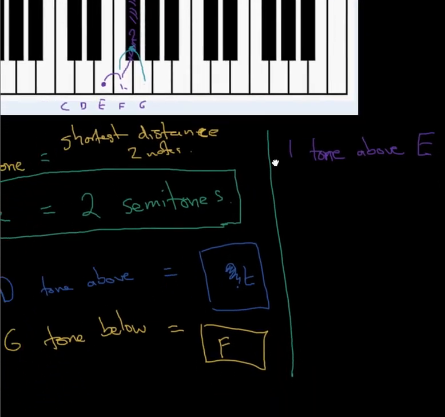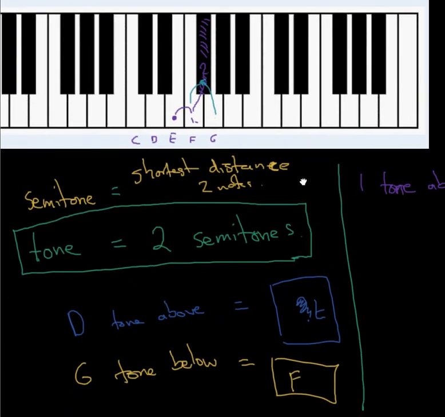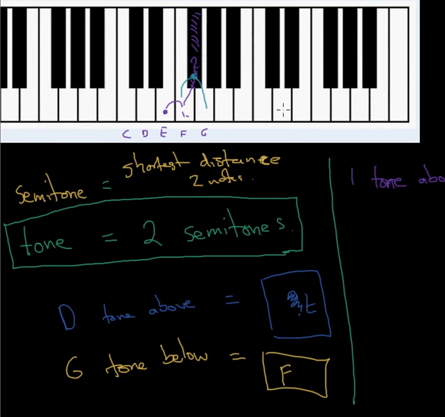There is lots more to think about with this, but for now I think that is perfect. If you are able to pick a note and tell someone what a semitone above or below is, what the names of these notes are, and then if you are able to take a note and say what note a tone above or below is, then you're doing really, really well.